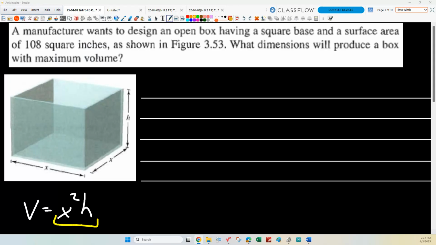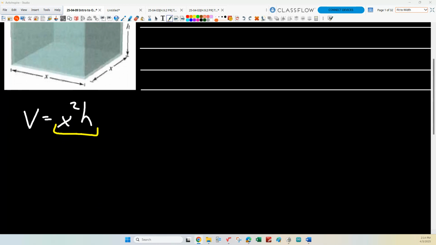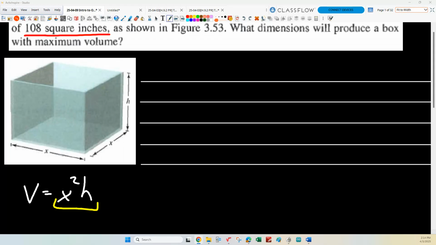We can see that the surface area is 108 square inches. So then we ought to be able to make some kind of equation of constraint, some secondary equation that uses that information. Well, surface area is what they gave us. What's the surface area of this box?